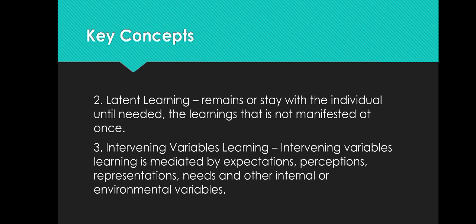We have expectations, for example, expectations of oneself, expectations of the teacher, expectations of the parents. We have perceptions, whatever the learner perceives from the classroom or from the teacher's methodology. That's an example, no?